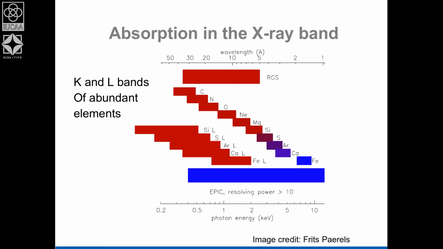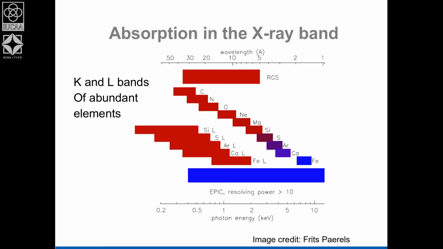Iron has 26 electrons. The neutral iron will give rise to an emission line at 6.4 keV. And hydrogen-like iron, that means all electrons except one have been removed, will give rise to an absorption feature at 9.1 keV.